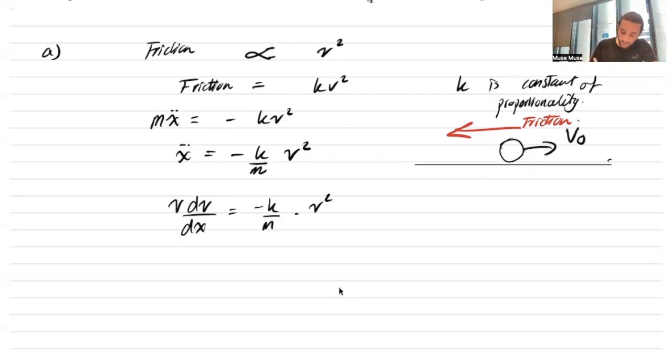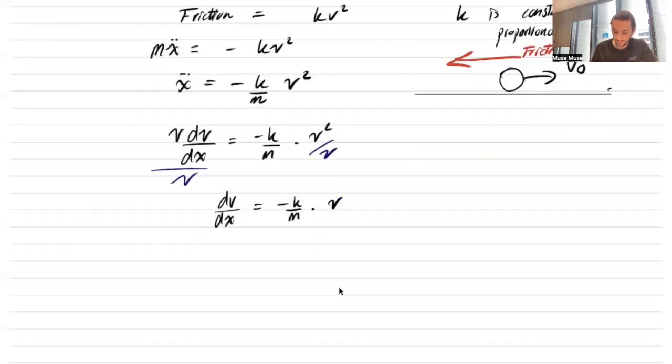So dividing both sides by v, times v like this. Now, because I want to integrate with respect to v, I'm going to take the reciprocal of both sides. And I'm going to get dx on dv equals negative m on k times 1 on v.